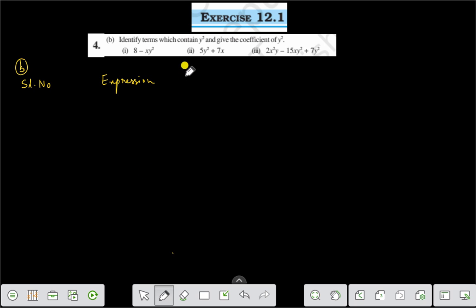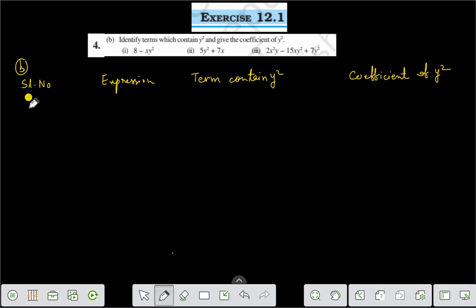Term containing y square. And here you have to write the coefficient of y square.